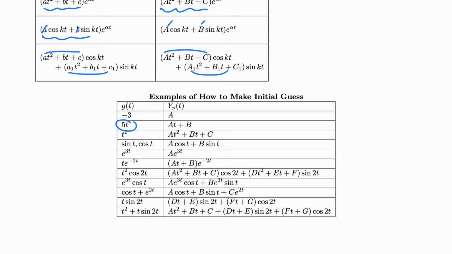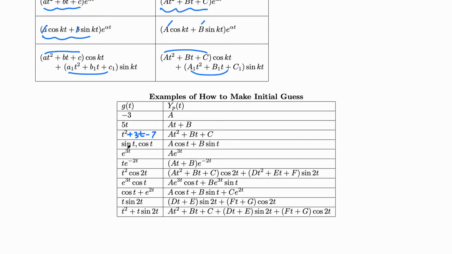Here is t squared, in fact t squared is a degree 2 polynomial, it's got only t squared, but we have to write a generic degree 2 polynomial. We can have t squared plus 3t, this will be the same, or t squared plus 3t minus 7, this will be the same, because this is a degree 2 polynomial, we have to write a generic degree 2 polynomial.